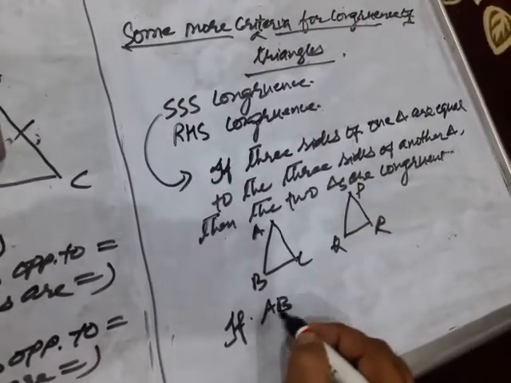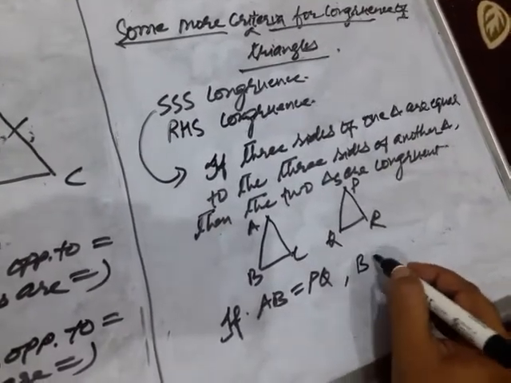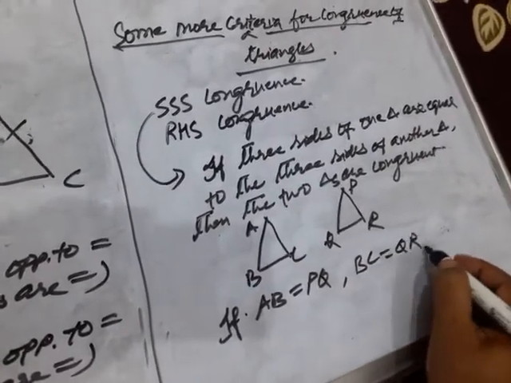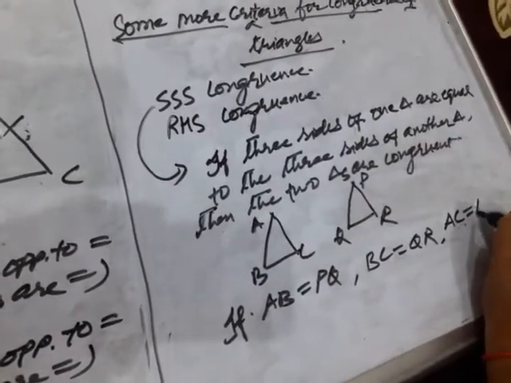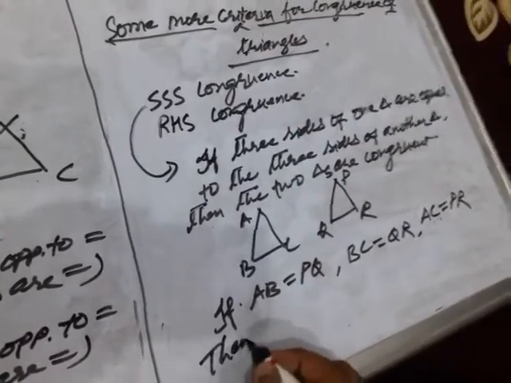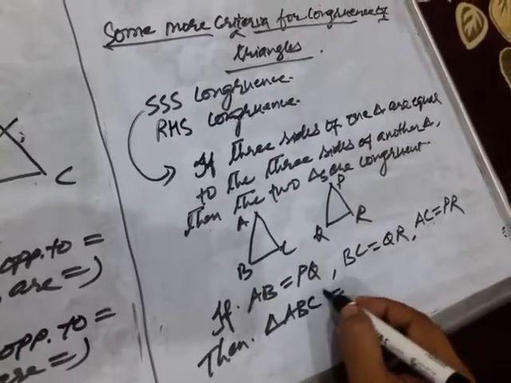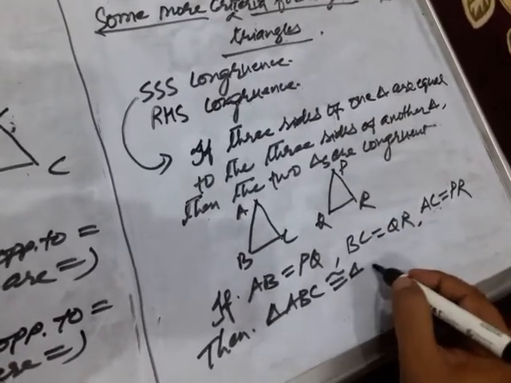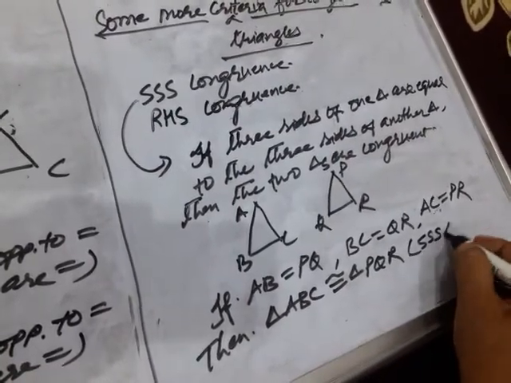If AB equals PQ, and BC equals QR, and AC equals PR, then we say that triangle ABC is congruent to triangle PQR by the triple S rule.